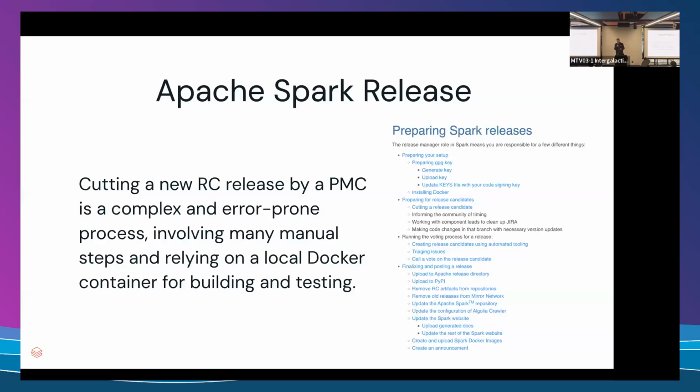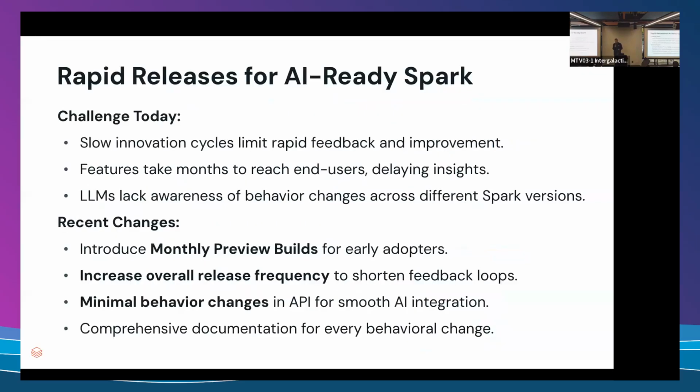Can we move faster? In the past, every release was very slow and very error prone. It took 6 months, 1 year to release one version. We're trying to make it faster.